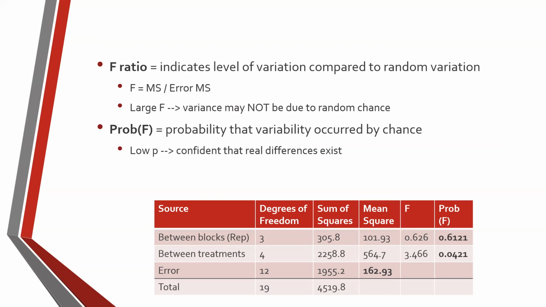Whereas a high p-value, like we have here between the blocks, indicates there is no evidence of a real difference, in this case, within the blocking. So this could be because there's no real difference, or the difference was just too small to detect.